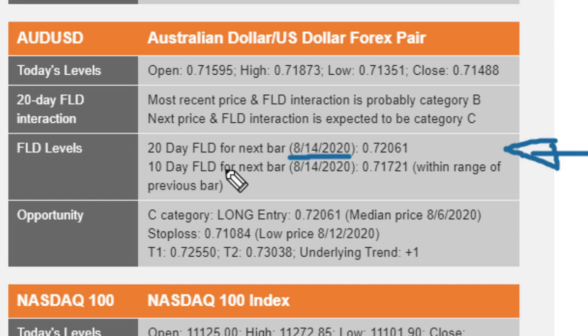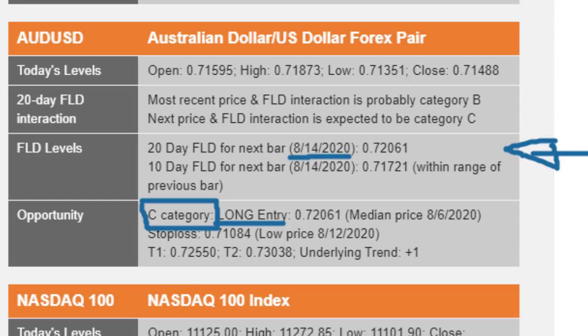And you can see that the trade recommendation is for a long entry. It's a C category long entry, at those price levels with the T1, T2, etc. Underlying trend of +1. So that's the opportunity that the system has identified.